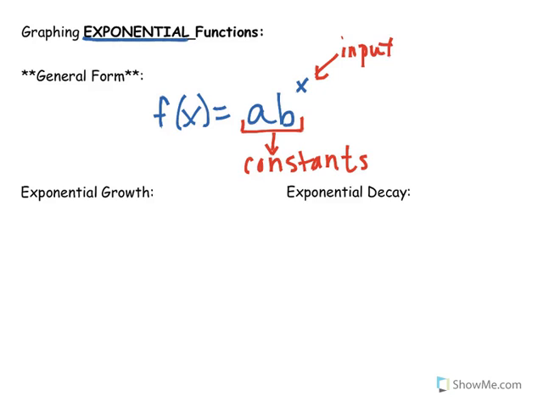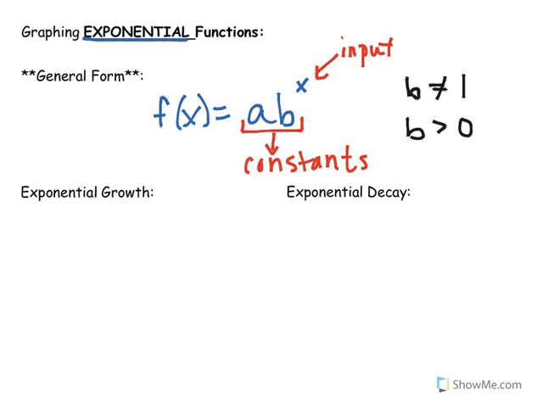However, there are a couple of rules about what possible values we can have for our constants. We're going to call b the base, and the base can never equal 1, and our base always has to be positive. So b can never equal 1, and b has to be greater than or equal to 0.